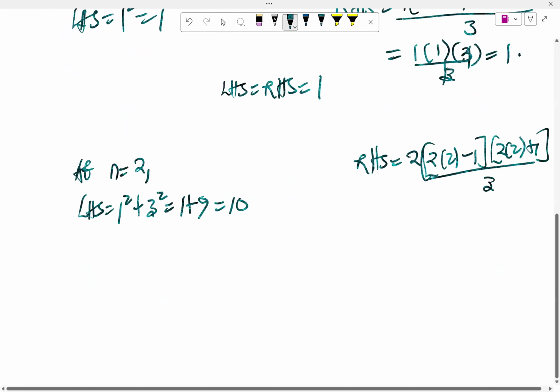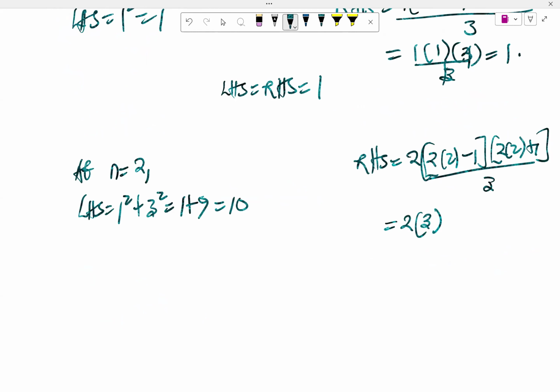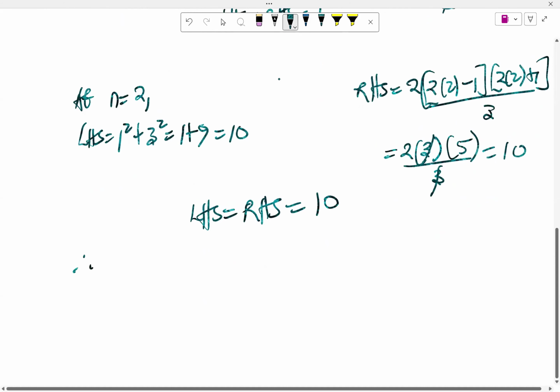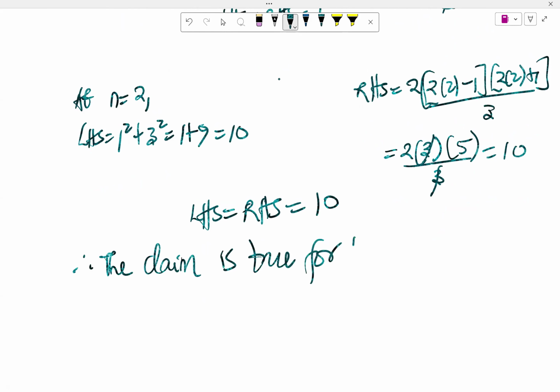And that is equal to 2 into (4 minus 1), that's 3, and then here you have 4 plus 1, 5, and that's over 3. So this cancels out, and you still have 10. So again the left-hand side is equal to the right-hand side, and that is all equal to 10. So that's the base step. Therefore, the claim is true for the base step.